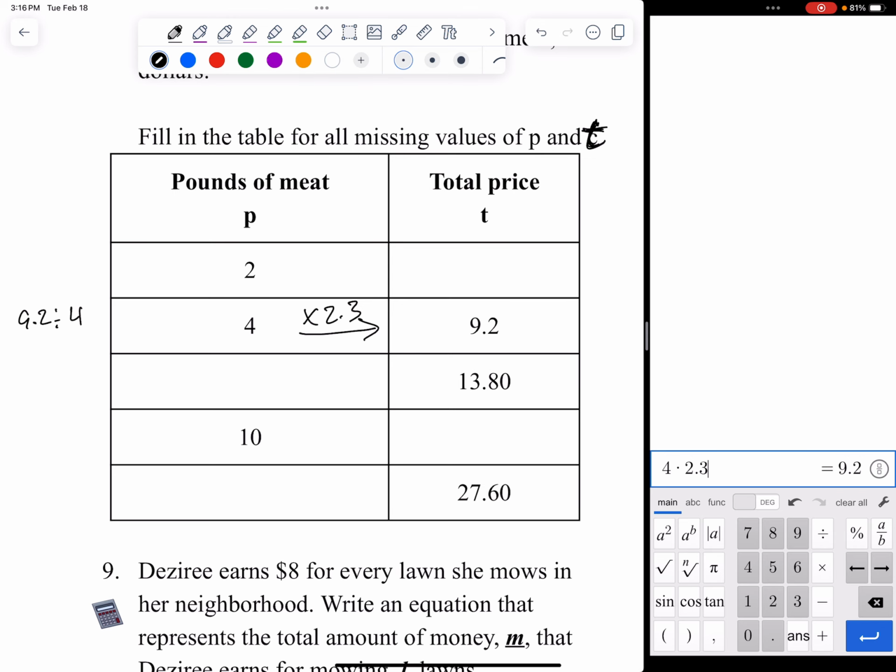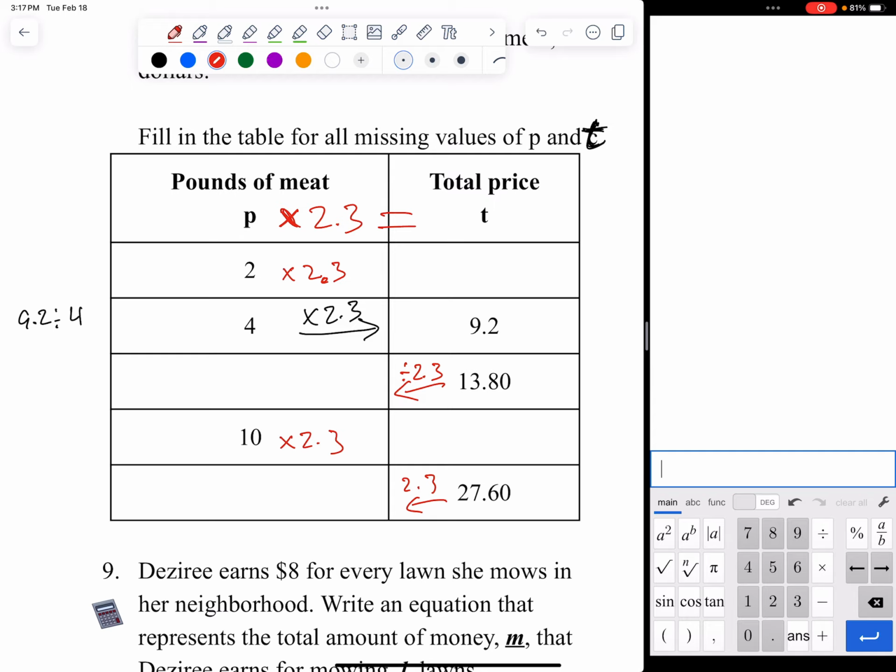Yes, it does. All right, so now I have my multiplier. I am going to have my letter P, and I'm going to multiply by 2.3 to get the total price. So 2 times 2.3, 10 times 2.3. And if I go backwards, I'm going to divide by 2.3 and divide by 2.3.